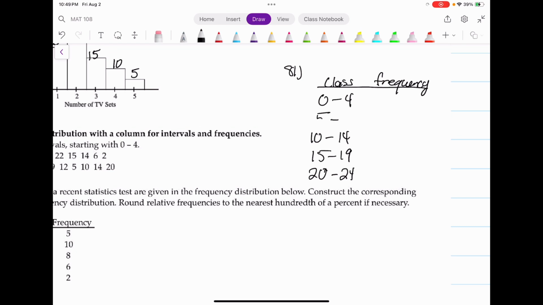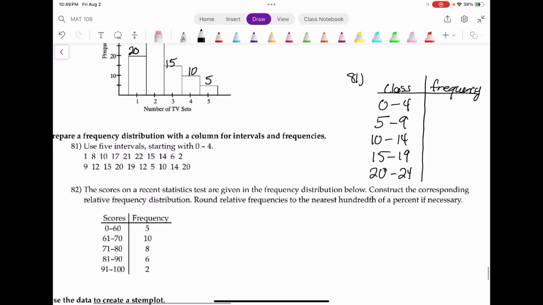So let me reconstruct this. 5 to 9. And now we have to be careful how we count. How many data values are in the first class of 0 to 4? 1, 2, I believe that's 2. So the frequency is 2.